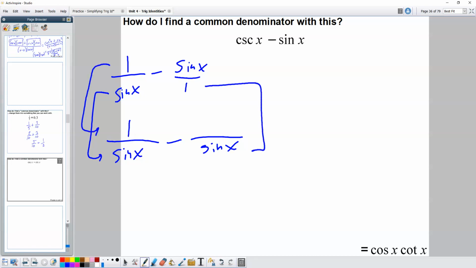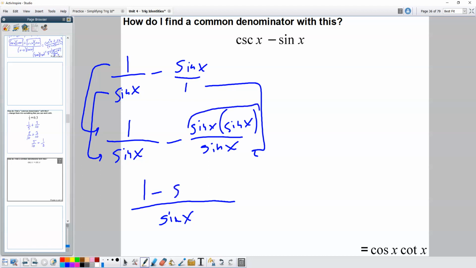To go from here to here, I multiplied by sine of x. So up top, I'll have my original sine of x times another sine of x. And I'm going to put it all over one denominator here. And that's 1 minus, can we go ahead and call this sine squared of x? So that's cosine squared of x over sine of x.